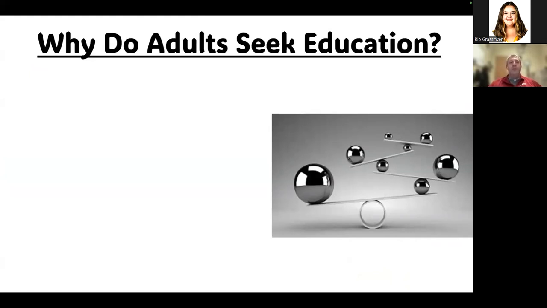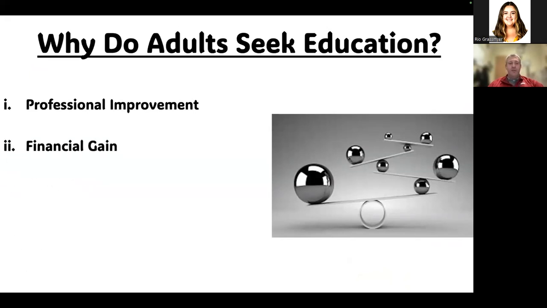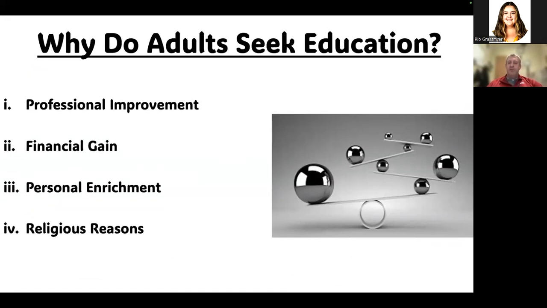So how do we do that? We need to remember why adults seek education. Well, professional improvement, financial gain, personal enrichment, and religious reasons are four of the topmost reasons adults seek education. When we look at these top three, we are hitting the EMS classroom. They're looking for professional improvement.